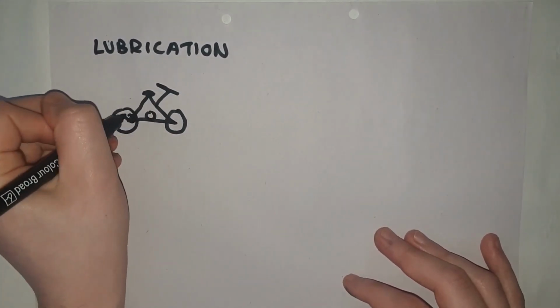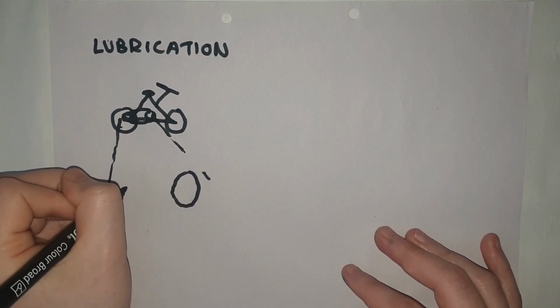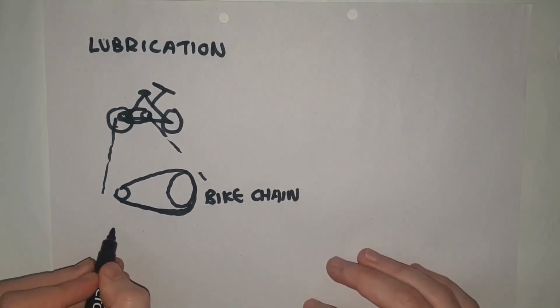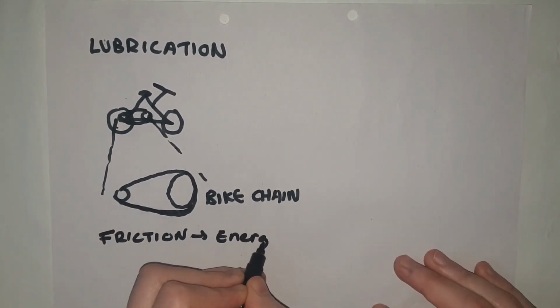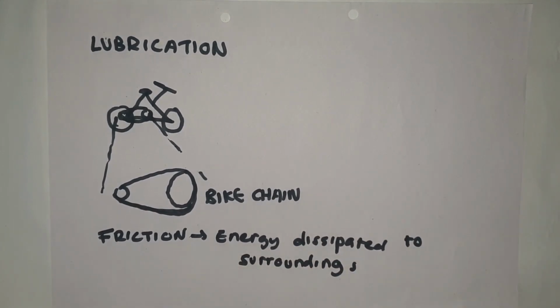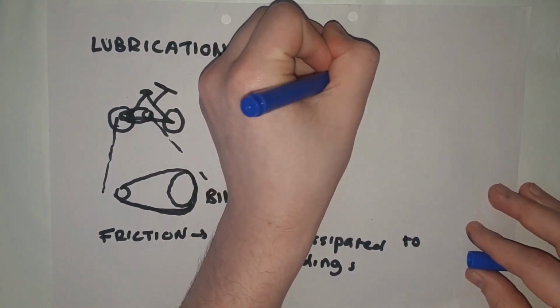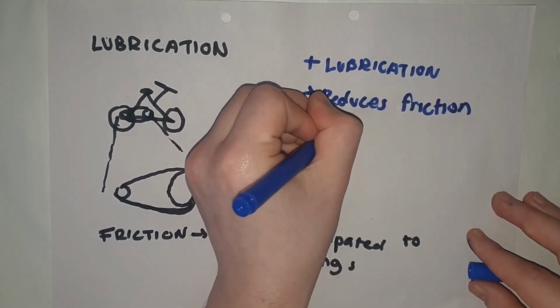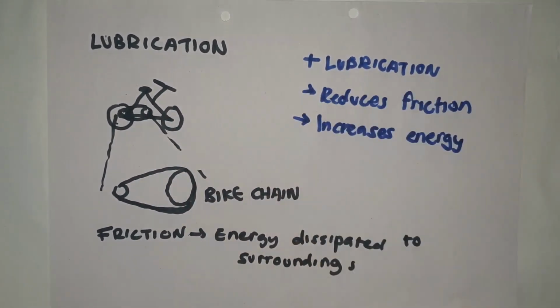The internal energy of the parts will increase, and then this energy will transfer to the surroundings, so the heat is dissipated. We can reduce the amount of friction by lubricating moving parts. Because this reduces the friction, it reduces how much these moving parts are gaining internal energy, and it reduces the heat dissipated. That means that the efficiency of the device is increasing.